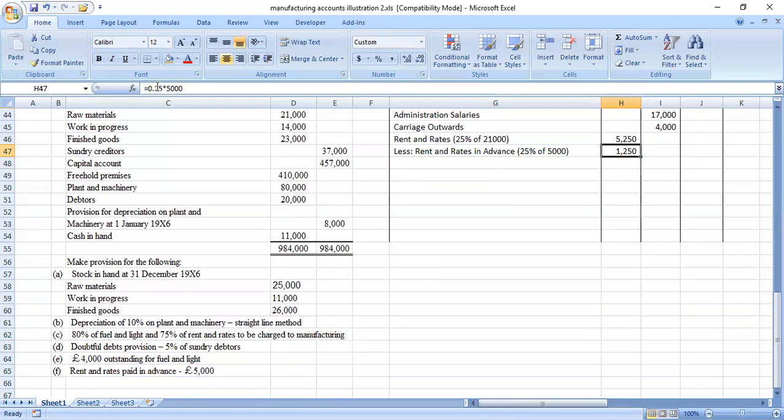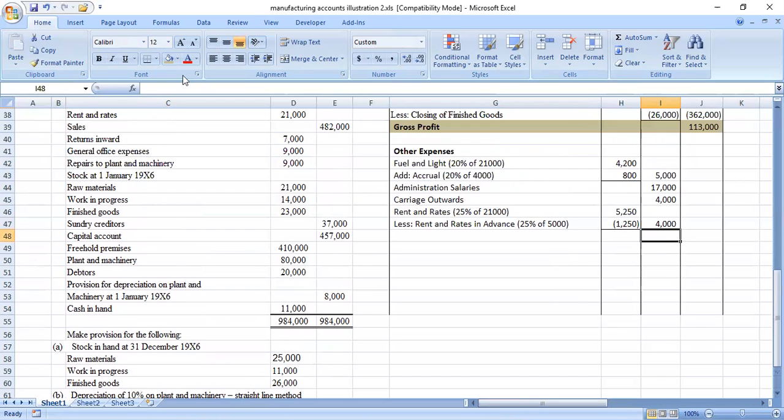So we deduct this, we put it in brackets, 1,250. So rent and rates will therefore become 5,250 minus 1,250. So now rent and rates is equal to 4,000 shillings. Sawa sawa? That is for the office.